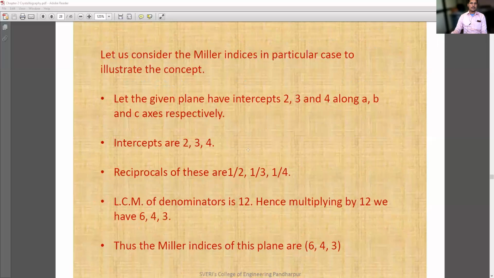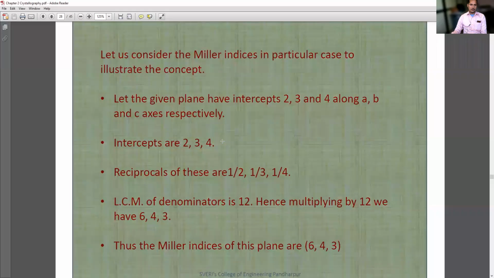So let us consider the Miller indices in a particular case to illustrate the concept. Let the given plane have intercepts 2, 3, 4 along the a, b, c axes respectively. Means for the XYZ axes, intercepts are 2, 3, 4.